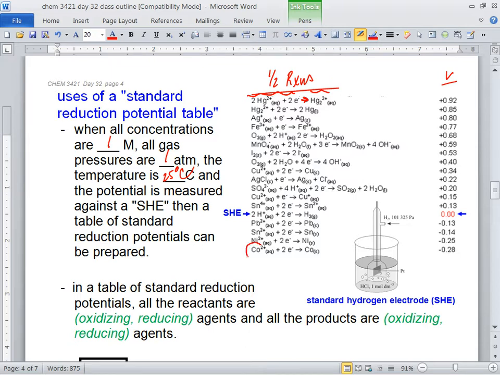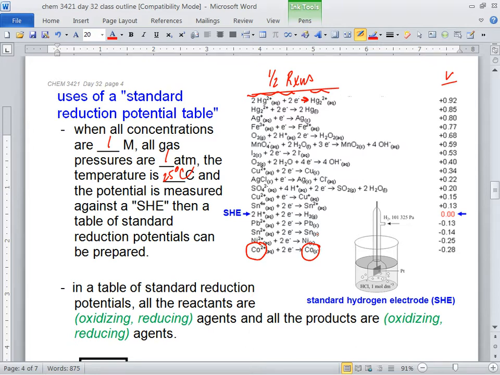Like pick this guy, just pick the bottom one. Cobalt 2+ going to cobalt. So this compound got reduced, so this compound is an oxidizing agent. You can look at that for everything. They're all oxidizing agents. But you didn't really have to look at it, because what's the name of the table? Standard reduction potential. So everything is getting reduced, so everything here has to be oxidizing agents, right? Because that's the name of it.